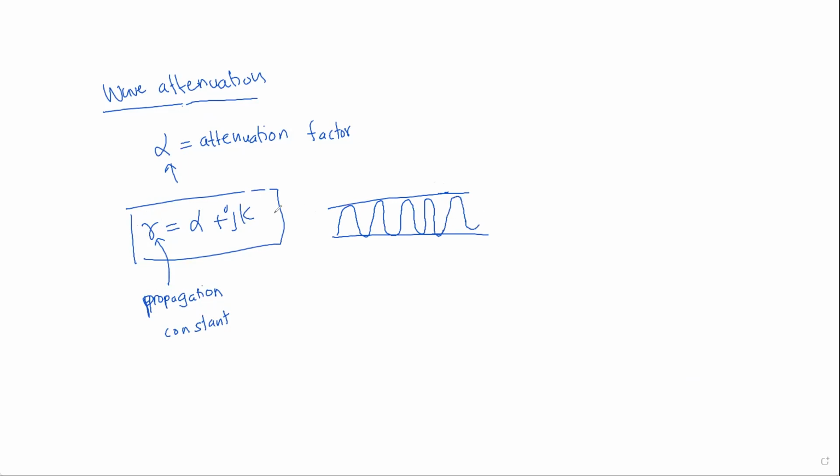In that case the propagation can be denoted using the propagation constant, and it will include the attenuation factor, and it will include the phase constant, which is the wave number. This denotes the rate of change of phase, the rate at which the phase of the wave is changing.